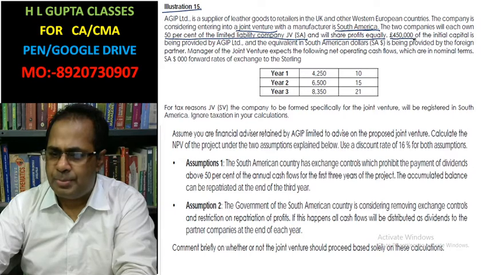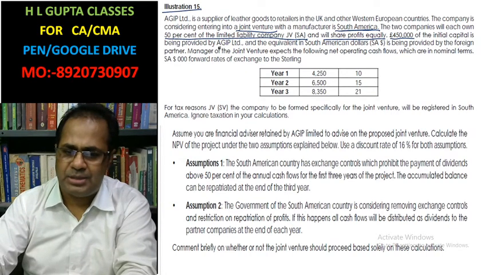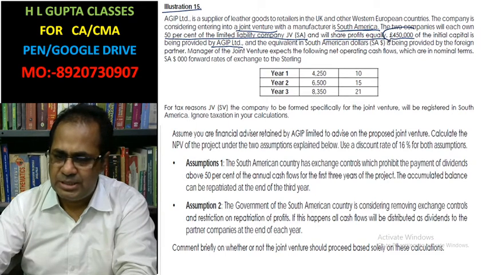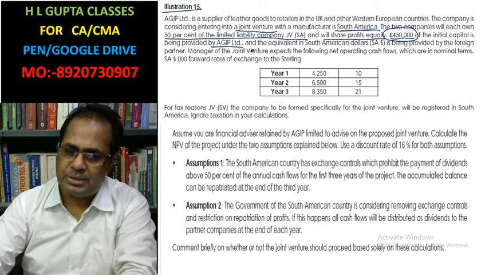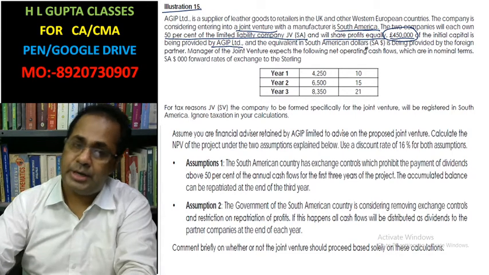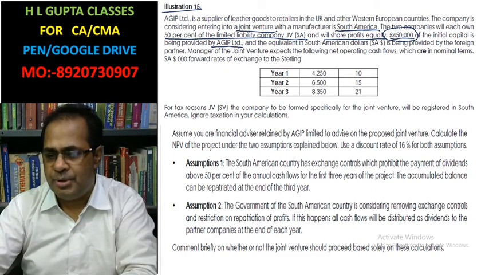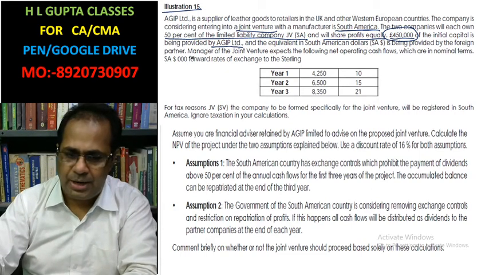Pound 4,50,000 of the initial capital is being provided by AGP Limited. This much amount is initially required to invest, and the equivalent in South American dollars, and the counterparty will also invest the same amount, provided by the foreign partners.